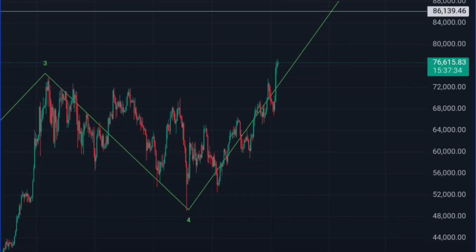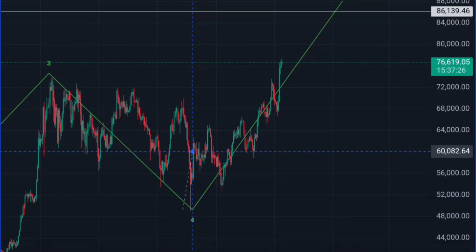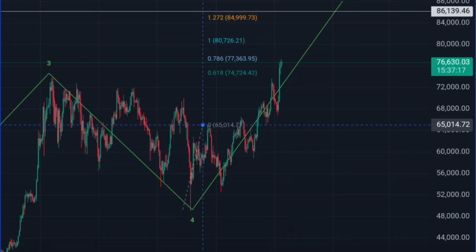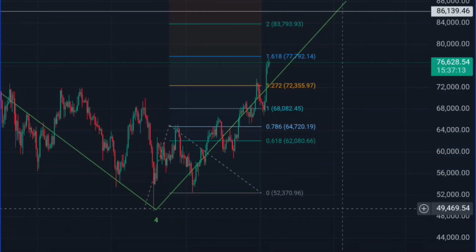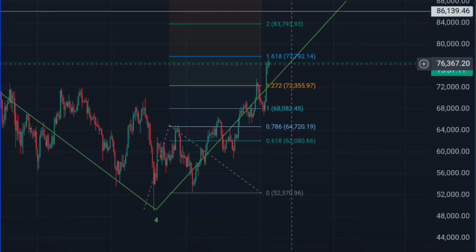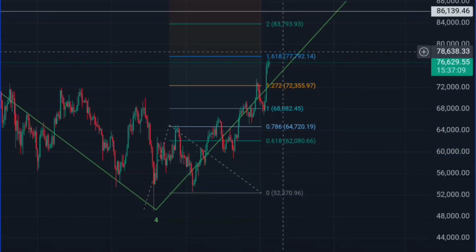So we'll just take right off the low, measure that impulse up and that retracement and see what it gives you. I actually haven't done this. Is that where your first wave goes and it's an expanded flat for wave 2, or is this all 5 waves? I don't know. I'm going to measure to the top and project from the bottom, giving us a 618 target coming up soon of 77.